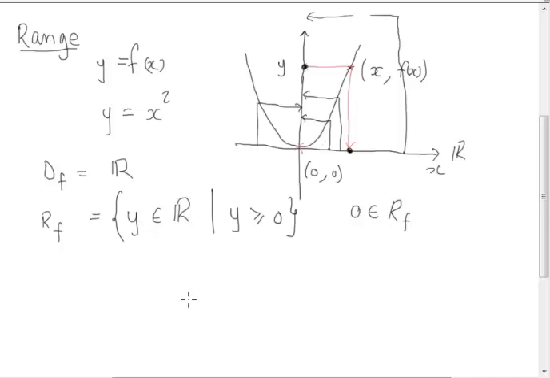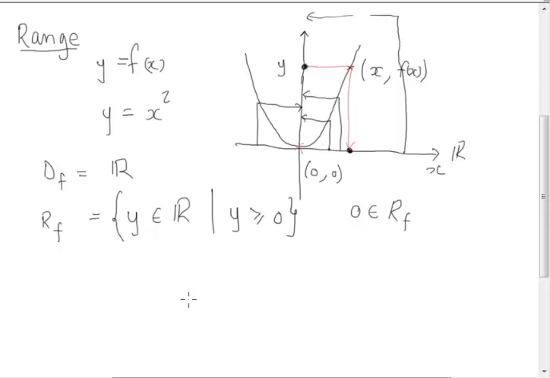Now, from here, I'm going to move to another concept of a function which you need to understand. But maybe before I do that, let's talk about functions which have got a restricted domain. We've already seen that.